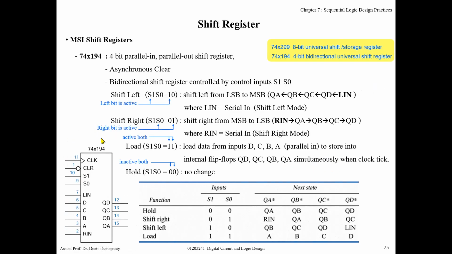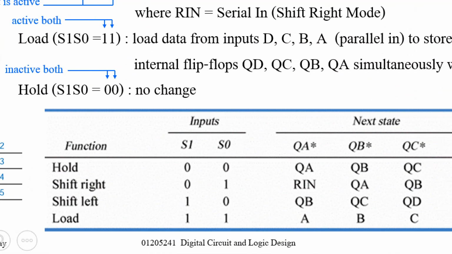Now let's look at here. Look at 194. This is a universal chip register. For this one, you can select 4 modes from this function table: hold, chip right, chip left, and load.